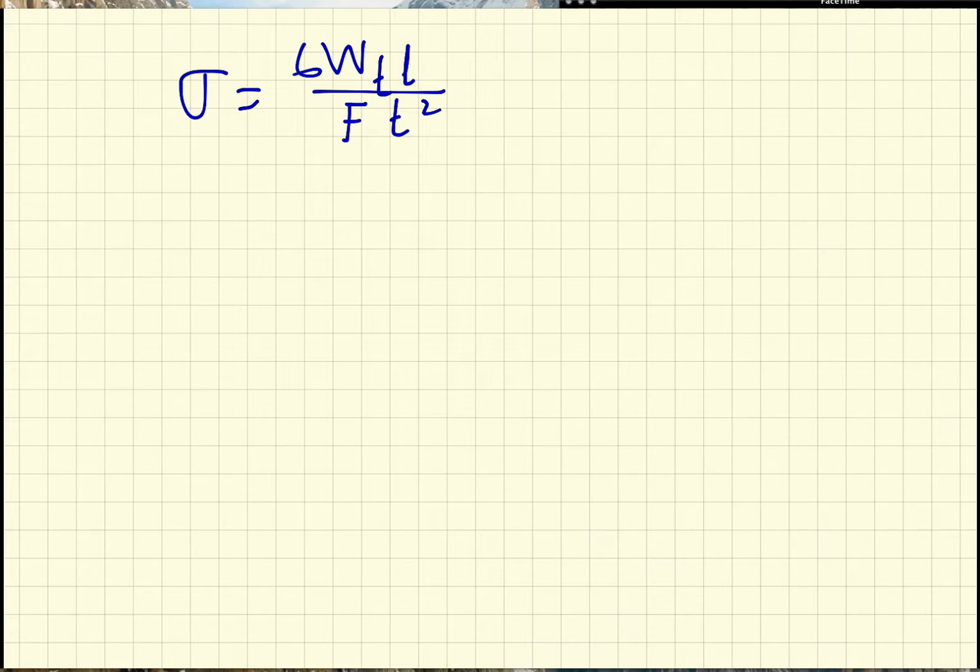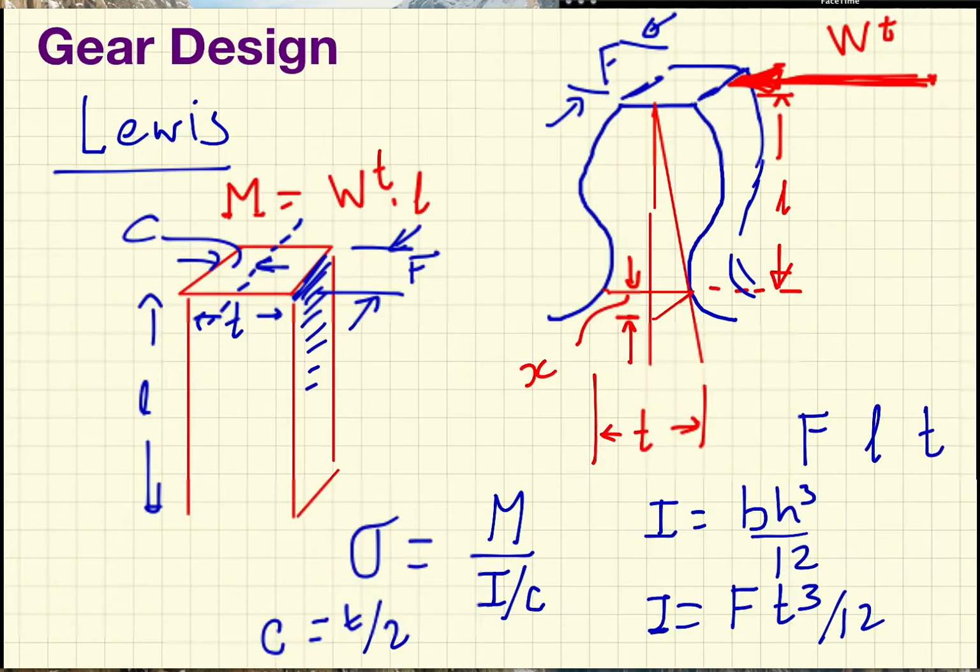So that would be basically the Lewis formula for bending. However, we are just going to do a little bit of manipulation here. If we go back to try to understand the relationships, we have a small triangle here, and it is similar to this large triangle.